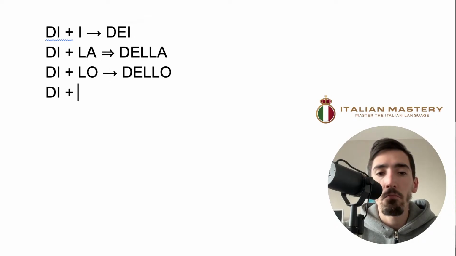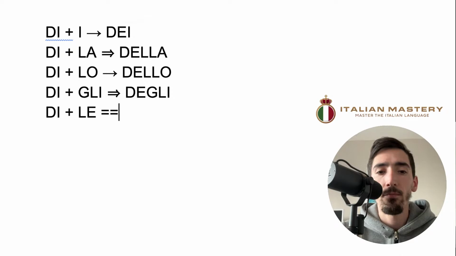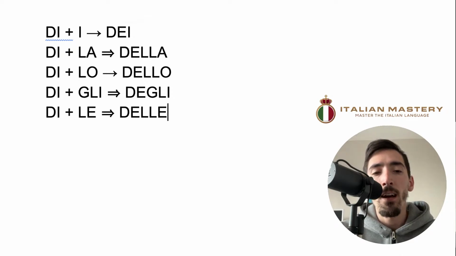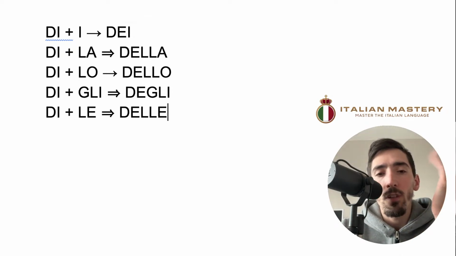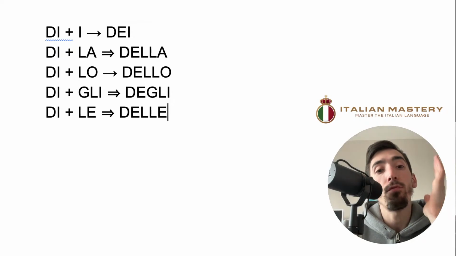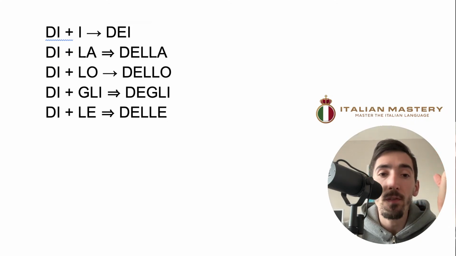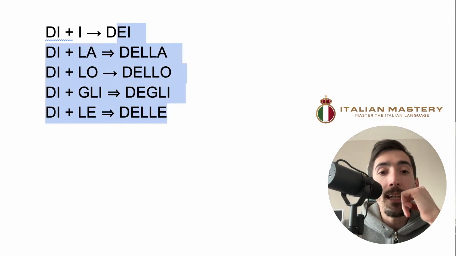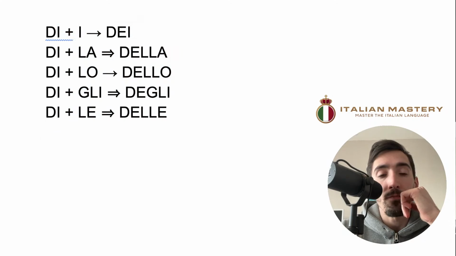Di plus gli, degli. Di plus le, delle. I mean, it's really not too difficult. Maybe I'm biased, but it seems easy, at least easy to remember, at least easy to pronounce. And these are going to be very, very common.